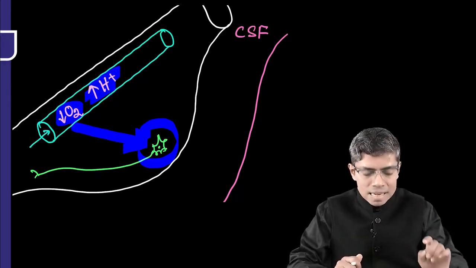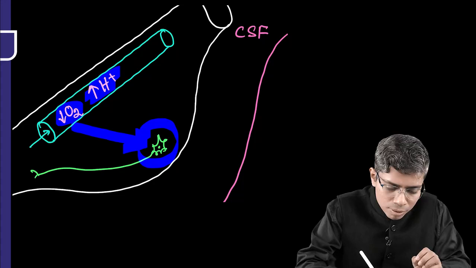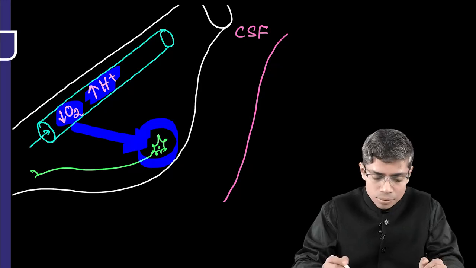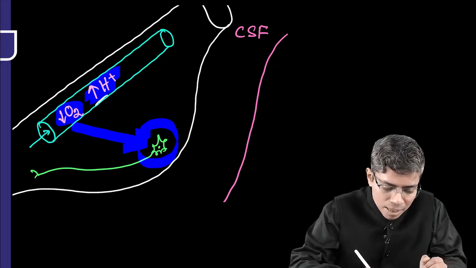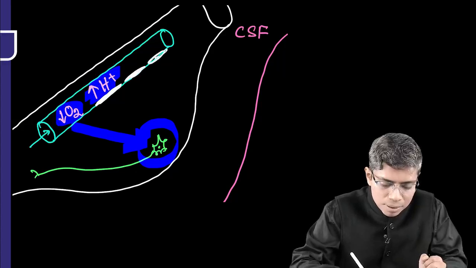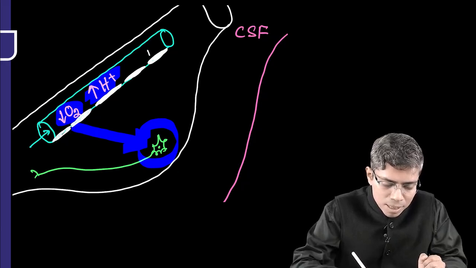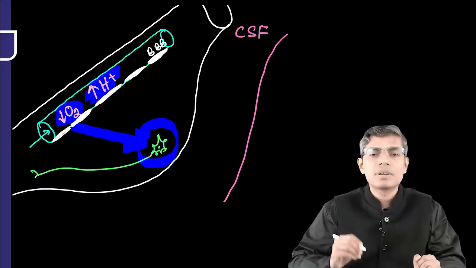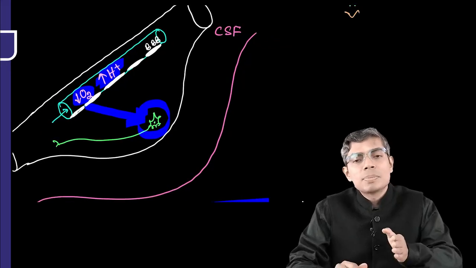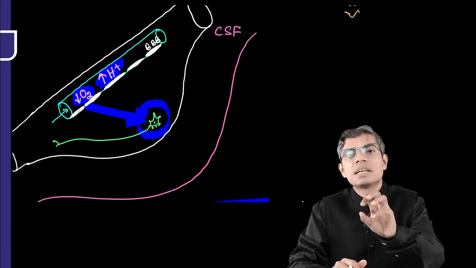Why? Because this H plus ion is an ionic molecule. Can an ionic molecule penetrate through the brain capillary? Answer is no, because the brain capillaries are protected by a strong barrier, and that is nothing but our blood brain barrier. Because of the presence of this blood brain barrier, the H plus ion, being an ionic molecule, cannot penetrate it, and it will never be able to affect the central chemoreceptor.